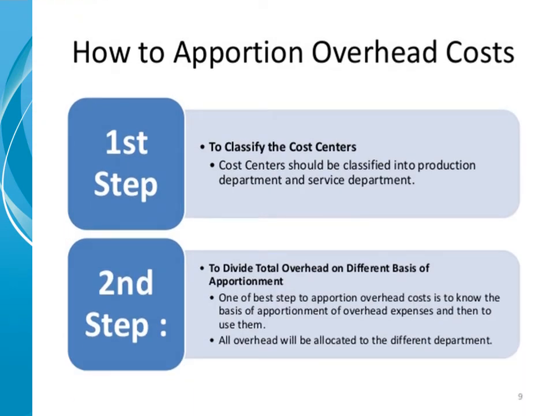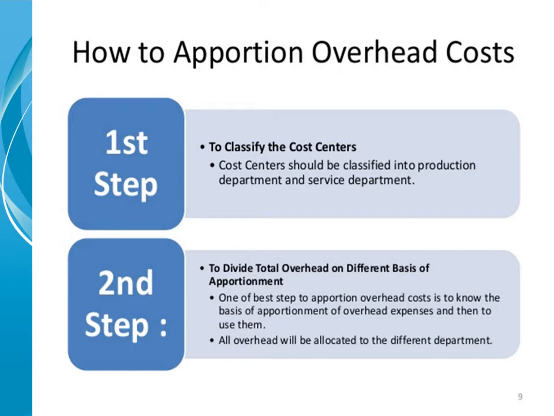So first is to classify the cost centers. Firstly, the cost centers are classified into production department and service department. Then secondly, the total overhead on different basis of apportionment is classified. One of the steps to apportion the overhead costs is to know the basis of apportionment.